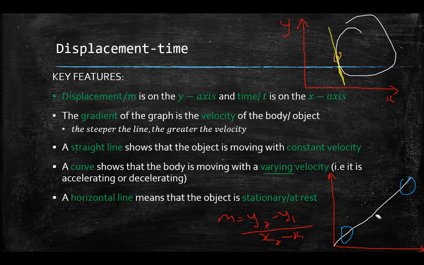Unlike a straight line, where the gradient would be constant, it doesn't matter which points I choose, the gradient would always be the same. It's not the same for a curve. The gradients are different. And because the gradient of this graph is velocity, that means my velocities would be different. That's why I said varying velocities, meaning that it's not the same. The velocities are changing. Do you understand that?